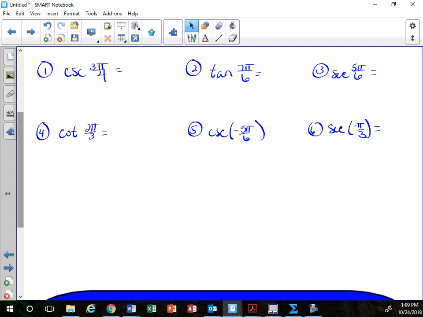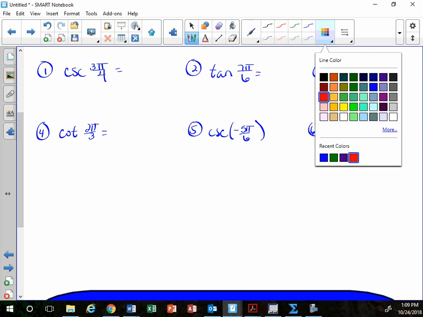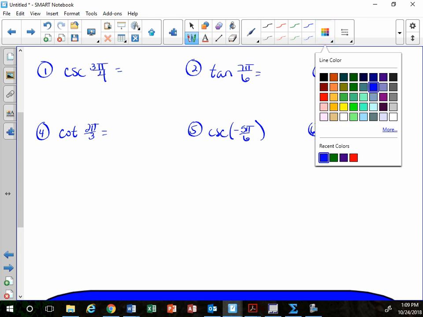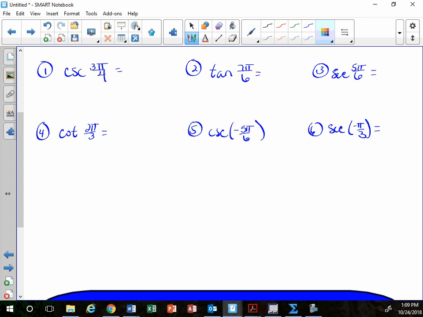Do you want me to walk you through one of these? Okay. So cosecant of 3 pi over 4. Secant of 5 pi over 6. Yeah, sorry, that's secant. 3 and 6 are both secant.